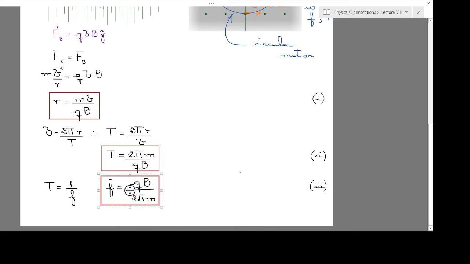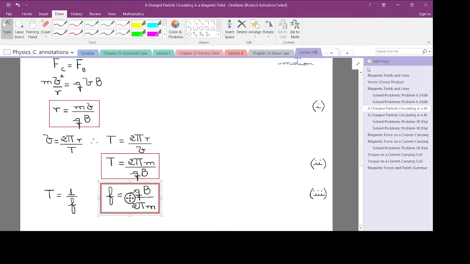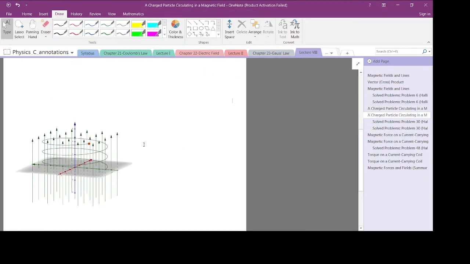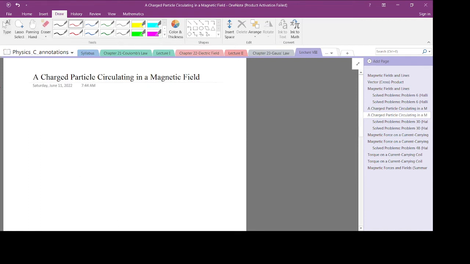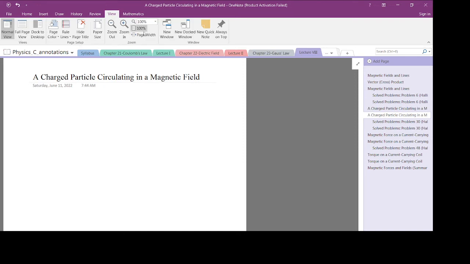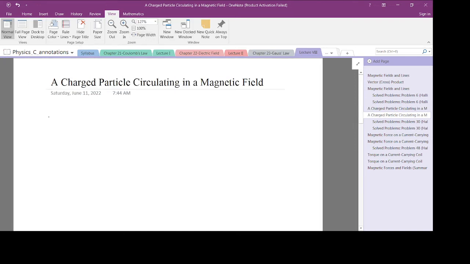And the last thing that I'm going to calculate is the angular frequency omega. This is going to be easy also because we know from high school that omega is equal to 2 pi f, or 2 pi over the period.